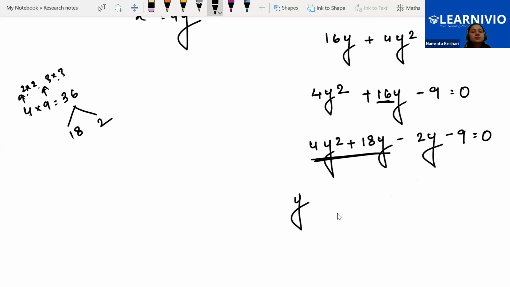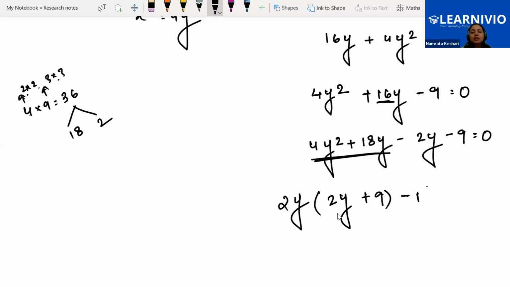No. Check it. Tell me what is the common factor? 2y. What will be the remaining? 2y plus 9. Plus 9, yes, ma'am.